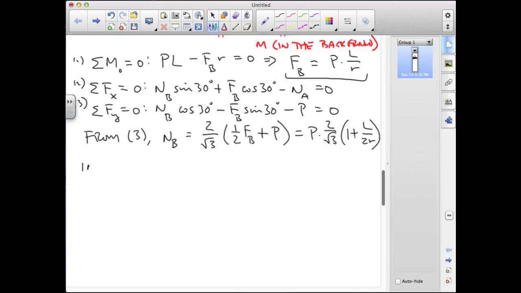If we take that result and put it into the second equation, we have NA is equal to P times 1 over root 3, 1 plus L over 2R, plus root 3 over 2 times P times L over R.